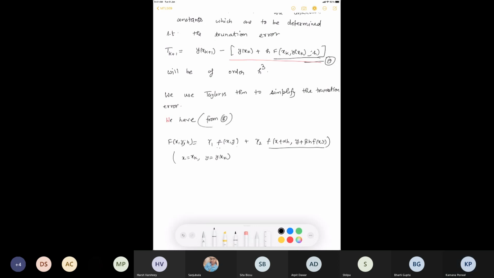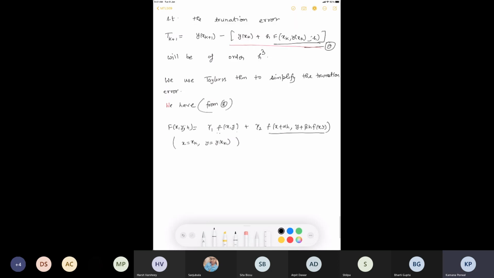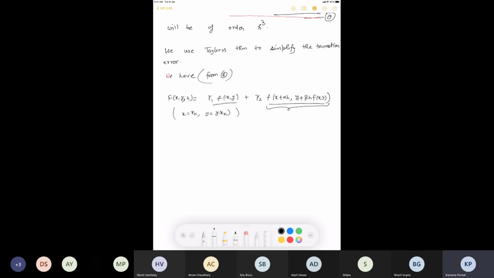All right. So if I want to apply Taylor's expansion, you can see that there's nothing I can do in this term, right? Because this is going to be f evaluated at x_k and y at x_k. So the Taylor's expansion I can apply in this term. Okay, so what do I have? We are going to use Taylor's theorem in 2 variables because you can see that I have x plus alpha h and y plus something, right? So f is a function of x and y both.